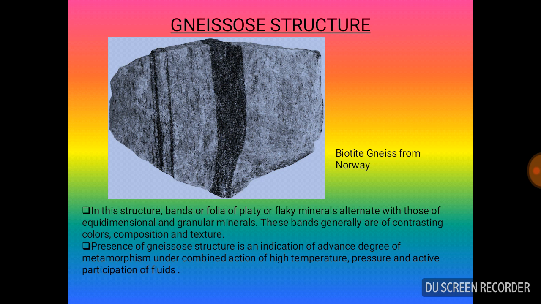Gneisses typically show this type of structure, hence the term gneissose structure. Or you can say those rocks which show gneissose structures are known as gneiss or gneisses. If we talk about the ideal temperature at which these rocks form, it is always greater than 973 Kelvin, and the pressure ranges from 4 to 5 kilobar.